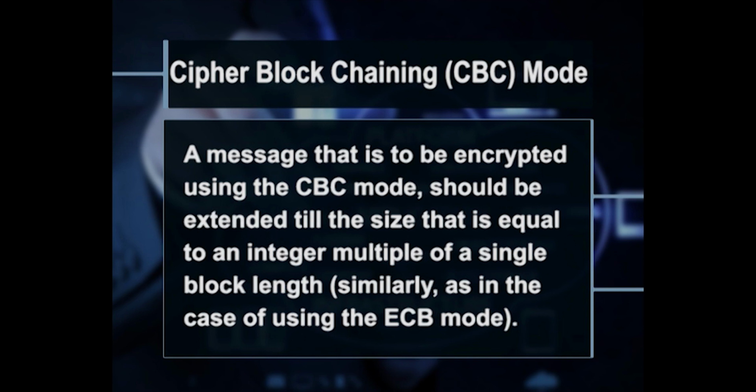A message that is to be encrypted using the CBC mode should be extended till the size that is equal to an integer multiple of a single block length, similarly as in the case of using the ECB mode. CBC mode of operation provides message dependence for generating ciphertext and makes the system non-deterministic.